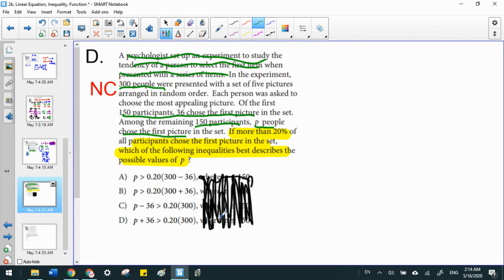And now they're telling us if more than 20% of all participants chose the first picture in the set, which of the following inequalities best describes the possible values of P?